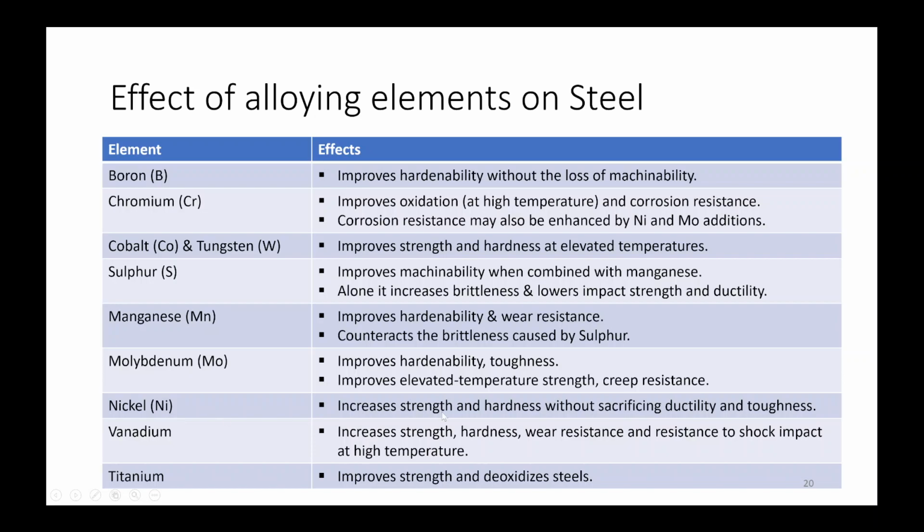Nickel increases strength and hardness without sacrificing ductility and toughness. Vanadium increases strength, hardness, wear resistance, and resistance to shock impact at high temperatures. Titanium improves strength and deoxidizes steels because it forms titanium oxide. So oxygen will be removed from steel.